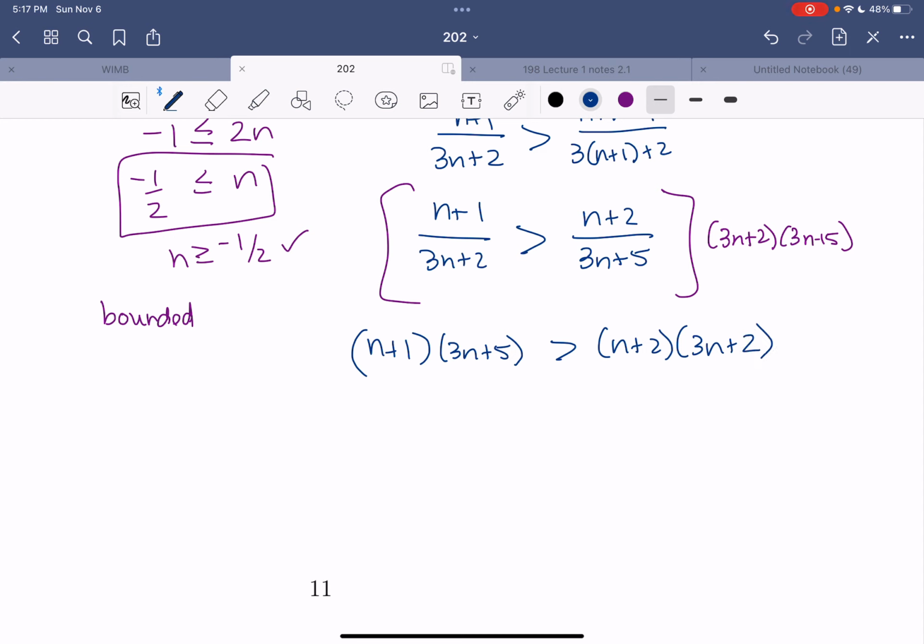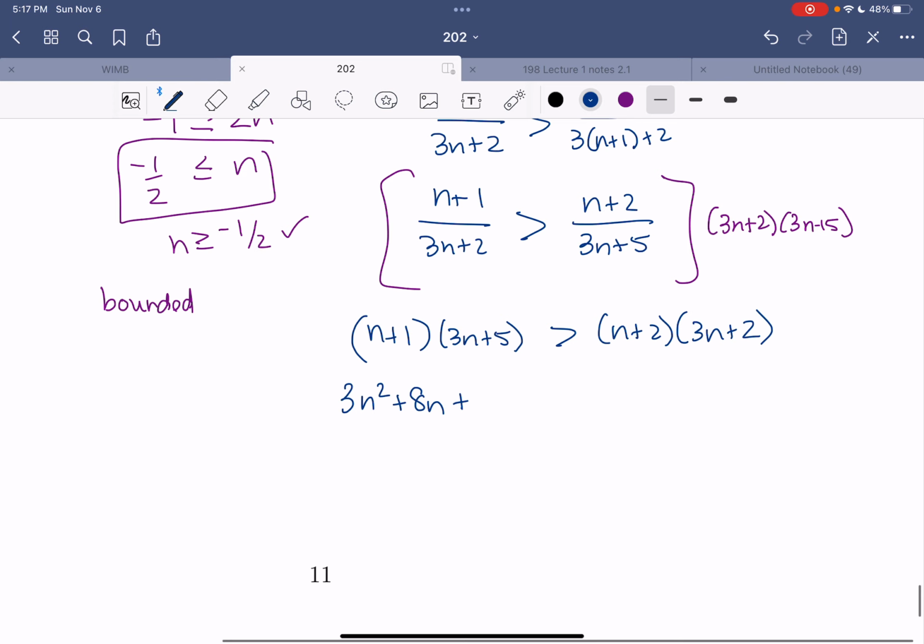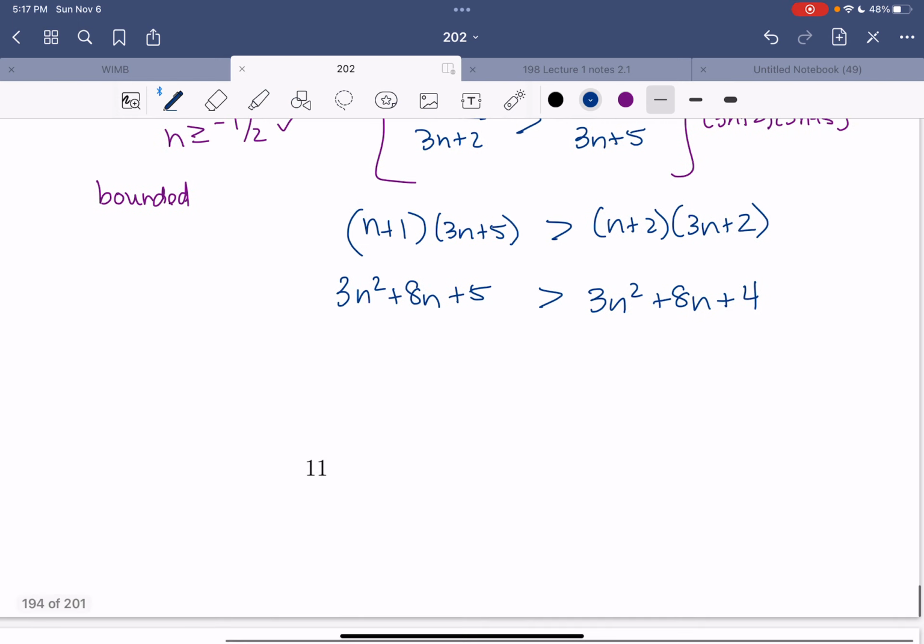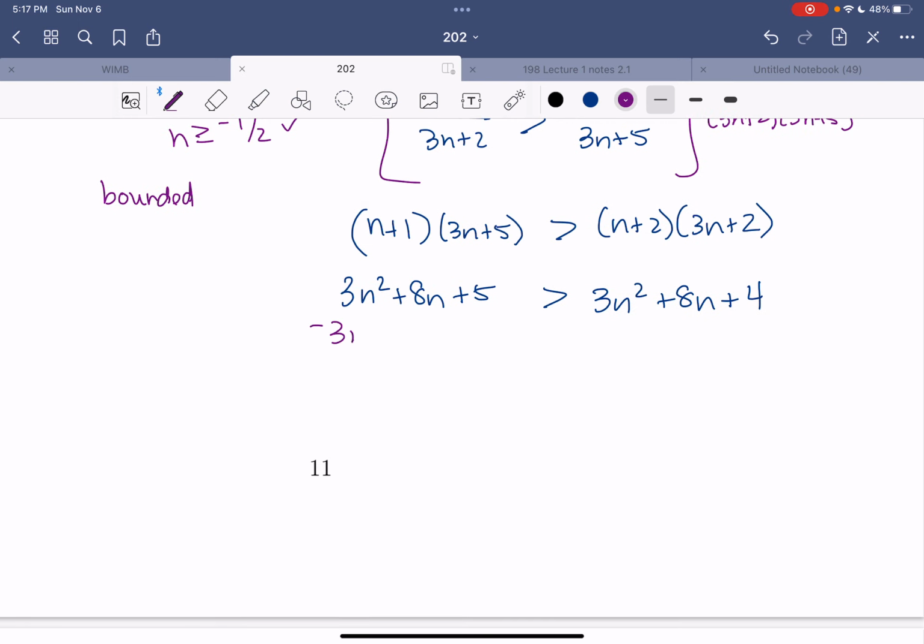Multiply this out, this is 3n squared, plus 3n plus 5n is plus 8n plus 5. And over here you have 3n squared plus 6n plus 8n plus 4. And if you subtract 3n squared and 8n from both sides, you end up with the statement that 5 is greater than 4, which of course is true. So this shows that it's decreasing.